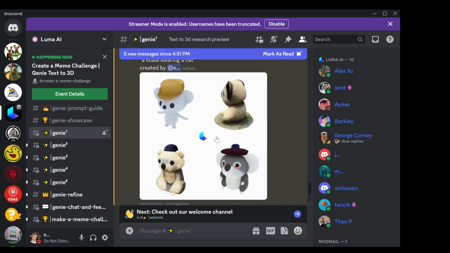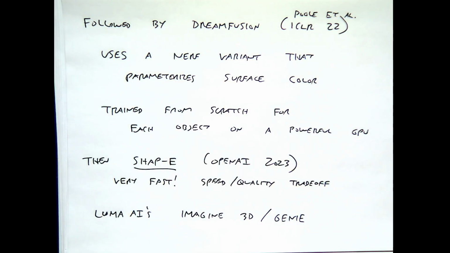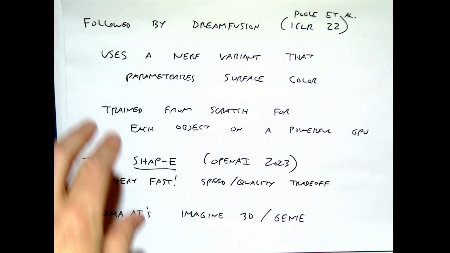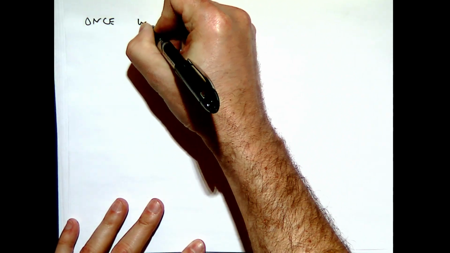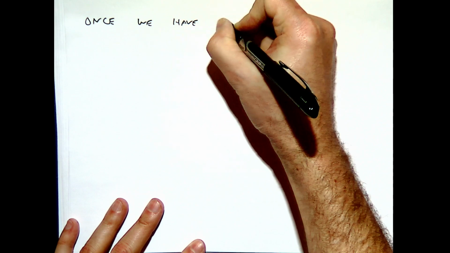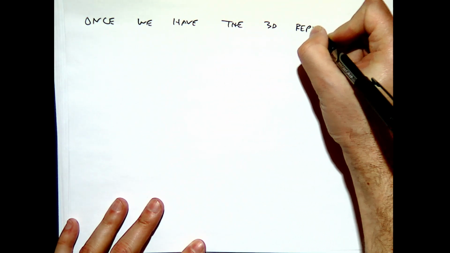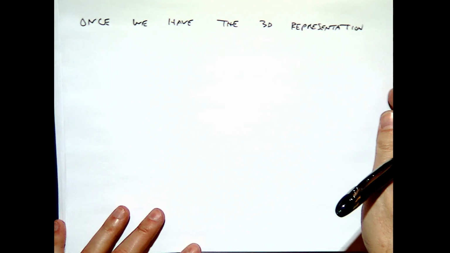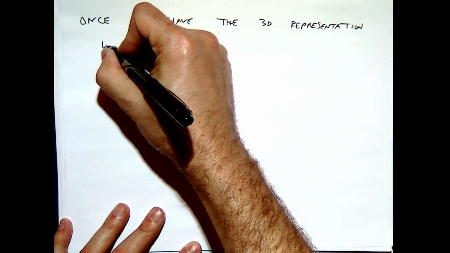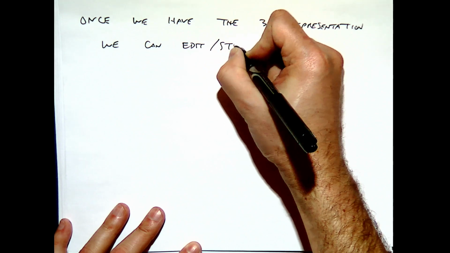So this is all kind of along the lines of just simply generating something from a prompt. And then, I'm not going to go into too much detail, but once we have the 3D representation, then we can try to do all sorts of editing or stylizing.